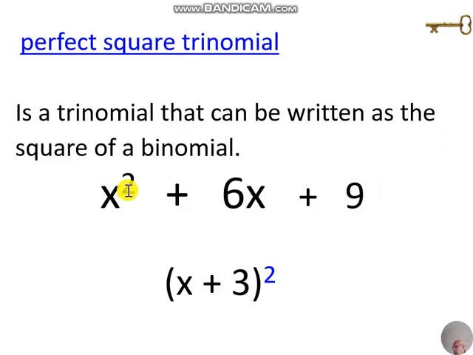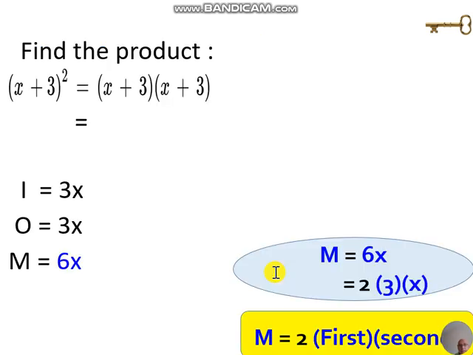A perfect square trinomial is a trinomial that can be written as the square of a binomial. This is the trinomial here. I can write it as x plus 3 quantity squared, which means x plus 3 times x plus 3. If I multiply this, x times x is x squared. The last term is positive 9.